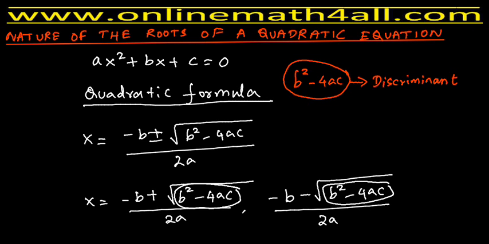Already I told you that based on the value of b square minus 4ac, we will decide whether the two roots of a quadratic equation are real or imaginary. And for the second condition, considering the same value b square minus 4ac again, we will decide whether the two roots are rational or irrational. Now let's move to the next page.